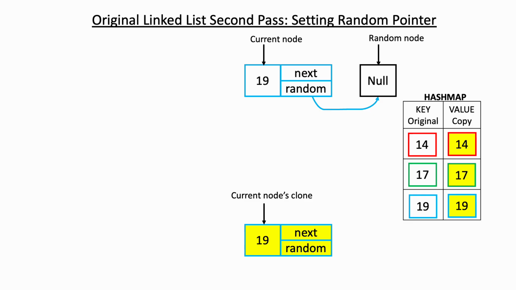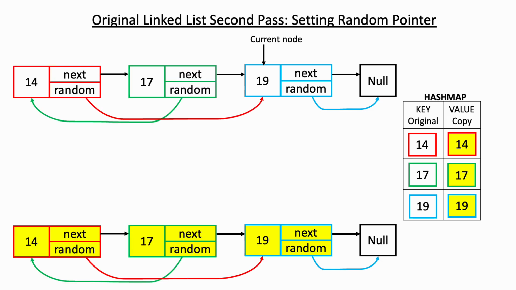Because the random of the current node's clone is not set, by default it will point to null. This is the final state after setting the random pointer of all cloned nodes. We'll stop our traversal of the original linked list because the next pointer of the current node is null. Now we will simply return the head of the cloned linked list, which is the yellow node 14.